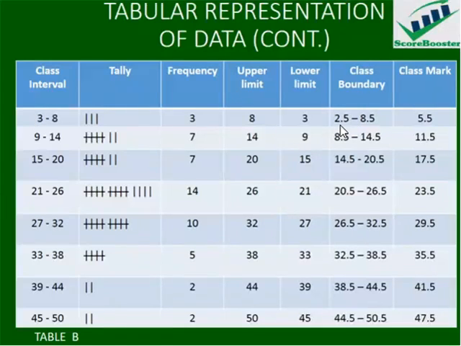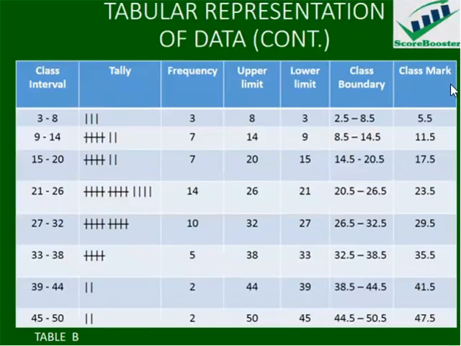So also for the upper class boundary, we have the upper class limit plus 1 over 2 multiplied by the unit of measurement, which is 8 plus 1 over 2. As we have explained, 1 is the unit of measurement. 1 over 2 multiplied by 1 will give 1 over 2. 8 plus 1 over 2 will give 8.5.